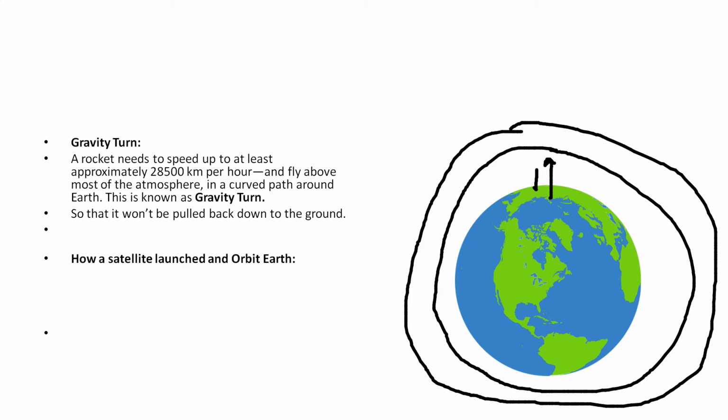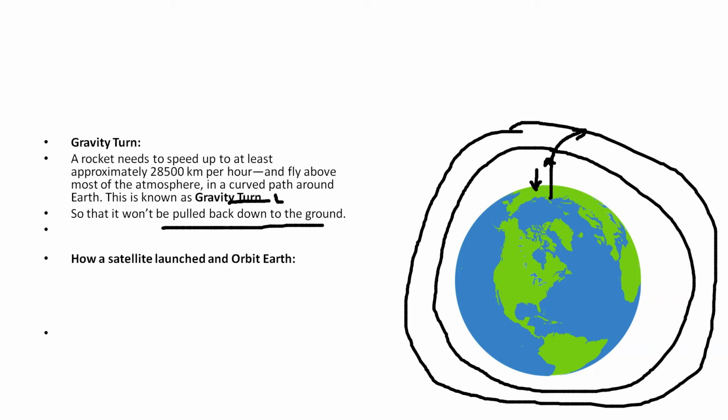Gravity is always pulling the rocket down towards the Earth, that is acceleration due to gravity. The rocket needs to turn like this, so as to minimize the effect of gravity. This is known as gravity turn, so it won't be pulled back down to the ground.